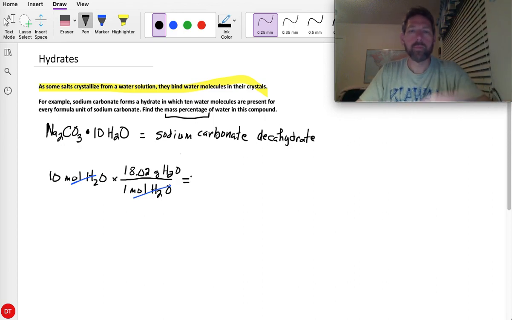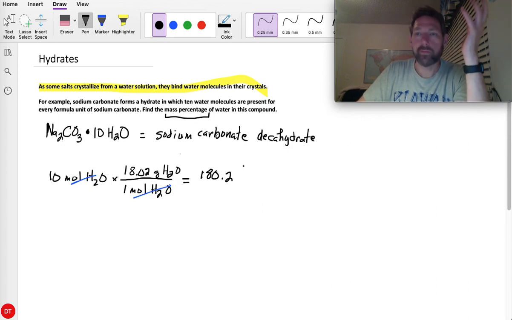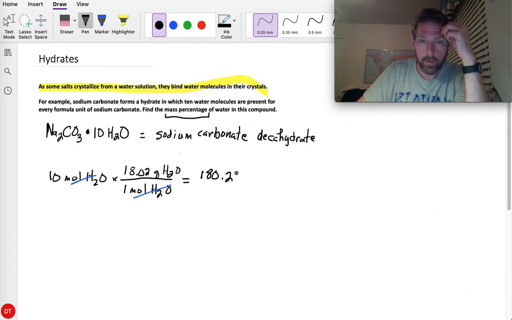Okay. So we get 180.2, and we typically carry that second decimal place because that's what we're working with when we're dealing with the mass units of the periodic table, right? And that would be grams of water.